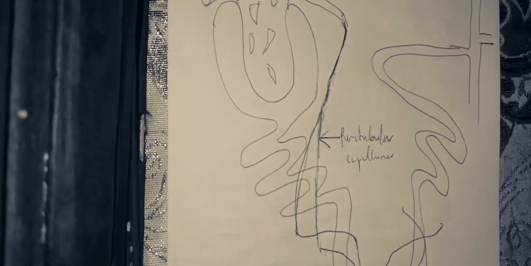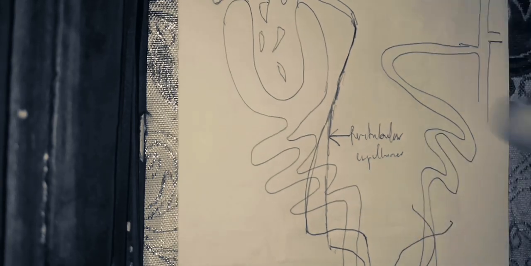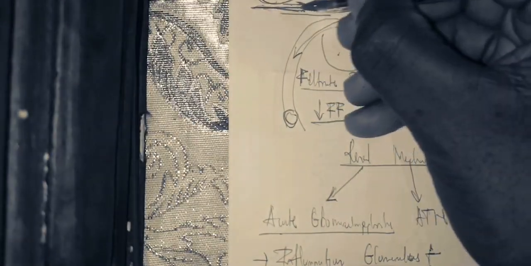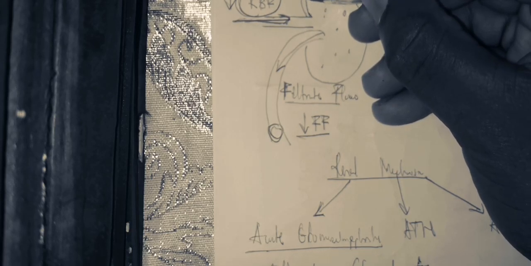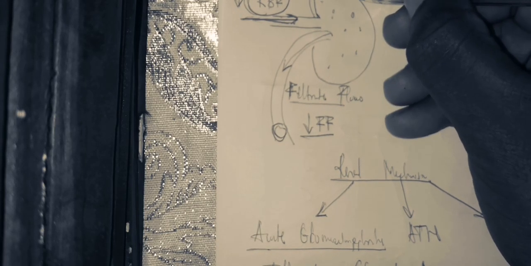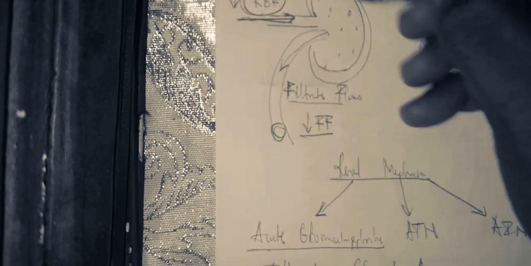Now, I want you to understand a point. Generally, when blood comes into the kidney, so this is the first diagram, it comes at the level of the cortex, then it goes inside the medulla.